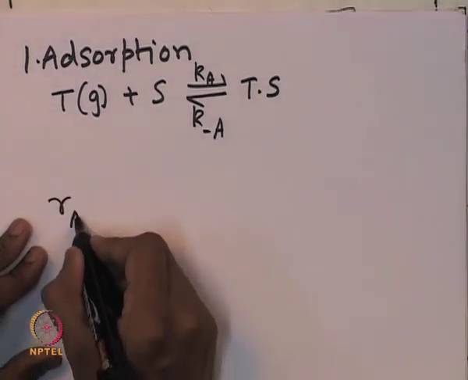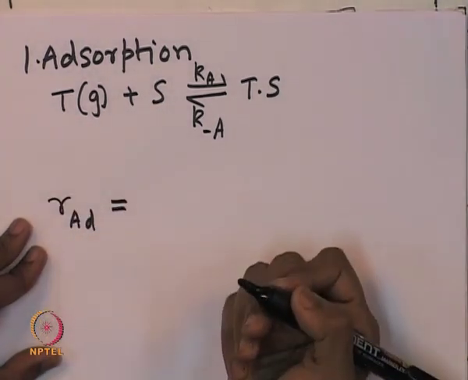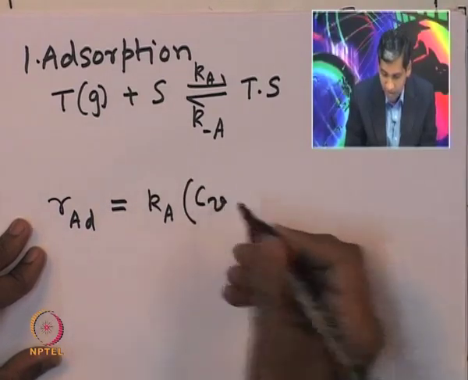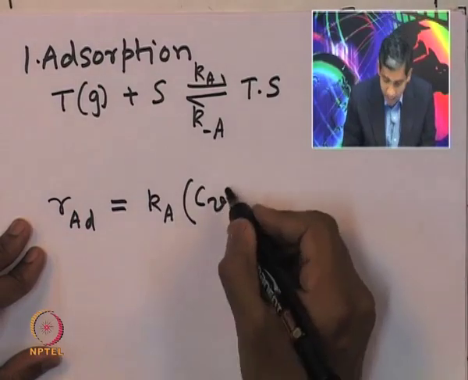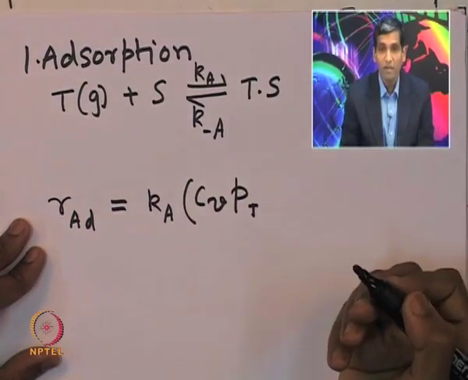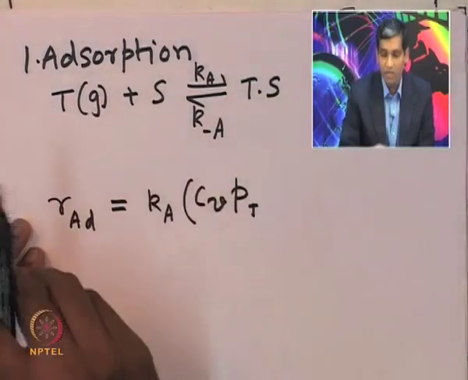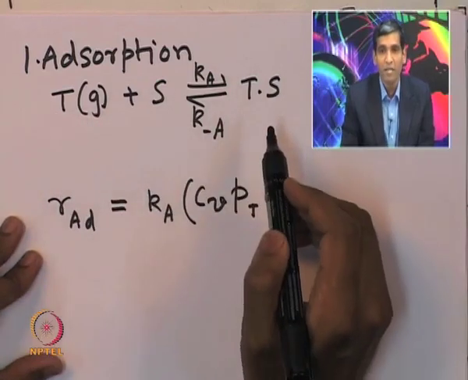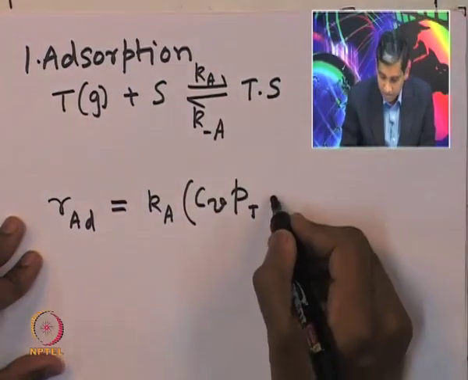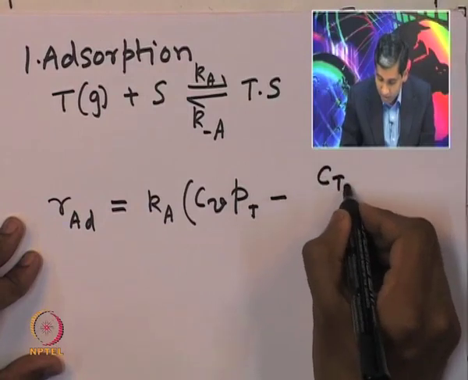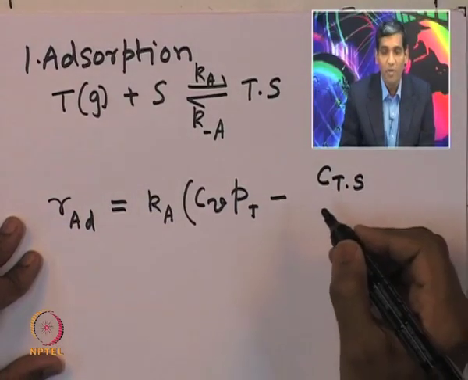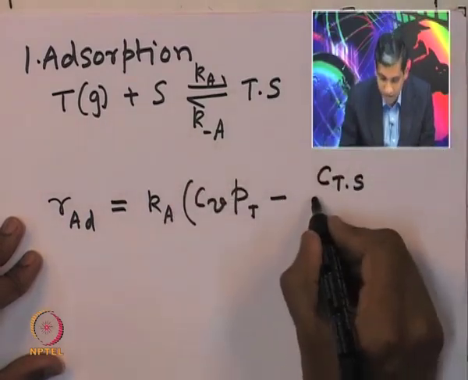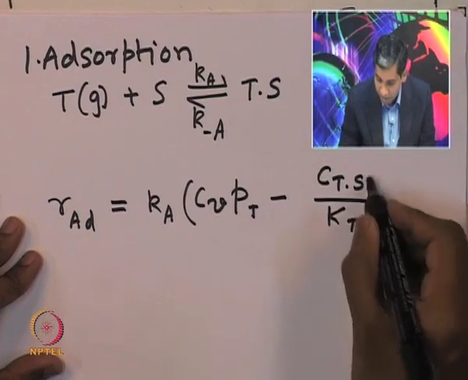So, the rate of adsorption can be written as Ka multiplied by the concentration of the vacant site Cv multiplied by the partial pressure of toluene. That captures the rate of the forward reaction, in which toluene from the gas phase gets adsorbed onto the catalyst site, minus the concentration of the sites in which toluene is already adsorbed, divided by the corresponding adsorption equilibrium constant.